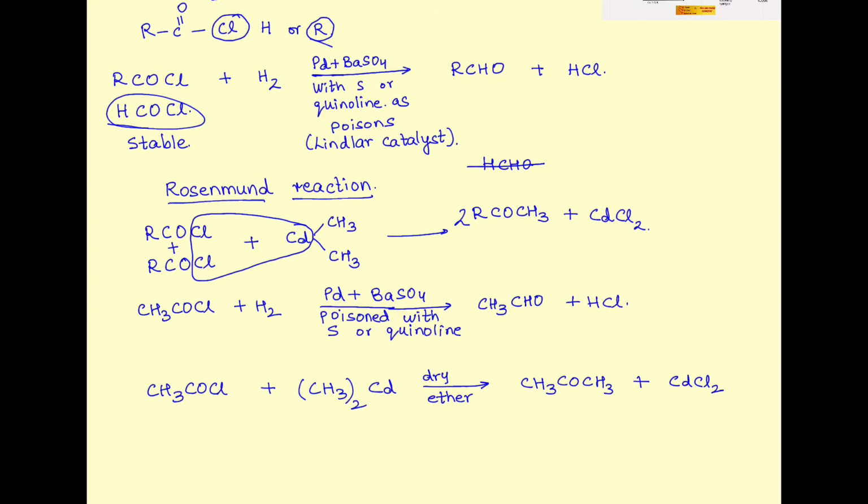Now, interestingly, it's the same starting reactant, CH3COCl, but when treated with dialkyl cadmium in the presence of dry ether as a solvent, yes, we did not write dry ether above, it gives us CH3COCH3, that is propan-2-one, and cadmium chloride. So you notice over here that we have the same starting compound, but we can prepare two different compounds from it. Did you manage to get it right?